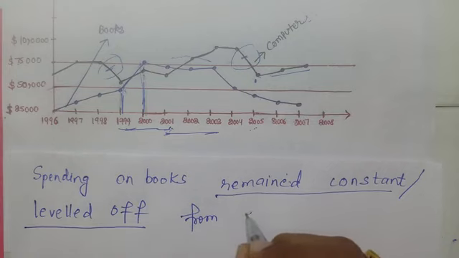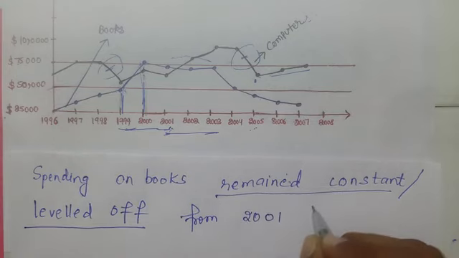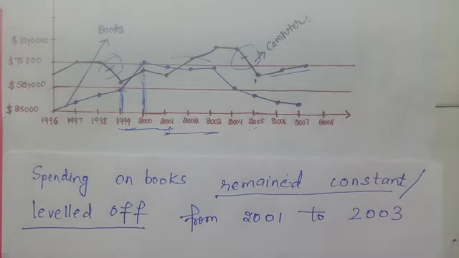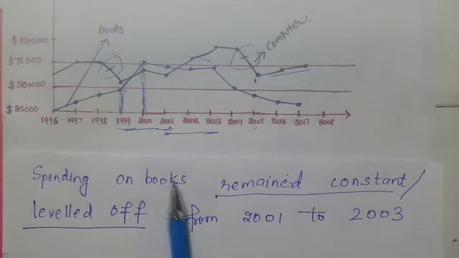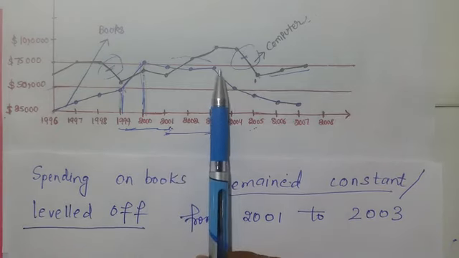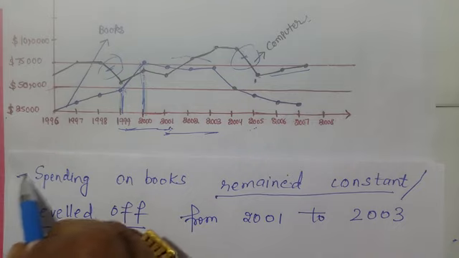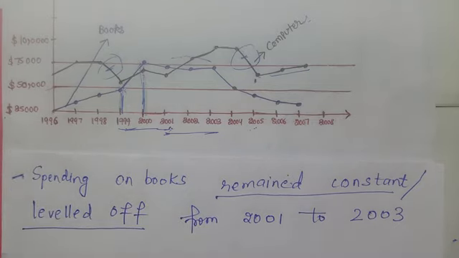From 2001, so you can write any. Spending on books remained constant from 2001 to 2003. This to this, if I am not wrong. So here the expression is this one. So that is four, I think. One, two, three, four we did here. Let's go to the next one.